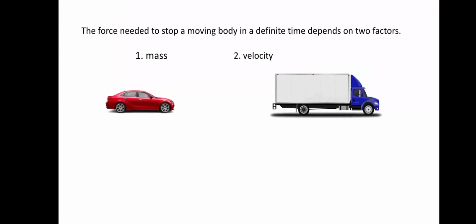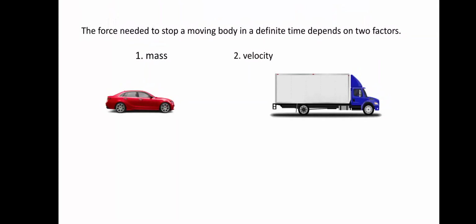So the force needed to stop a moving body in a definite time depends on two factors. Number one is its mass, and number two is its velocity, the velocity of the body and the mass of the body. That's why, in comparison with a car and a truck, more force will be required in order to stop the truck compared to a car.